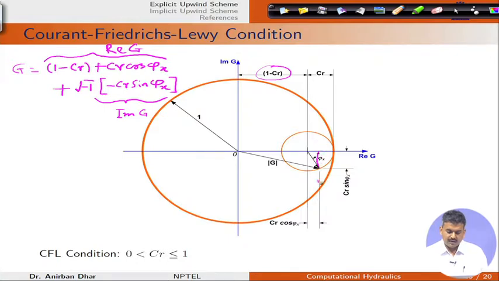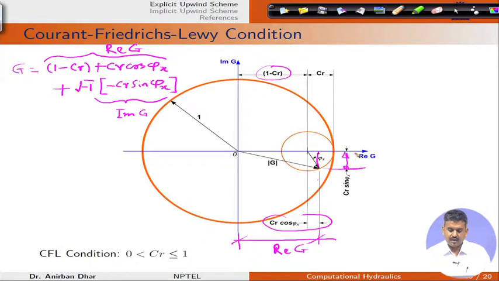This length is CR into cos phi. So, the total length is actually the real part of G, and this part is the imaginary component of G.